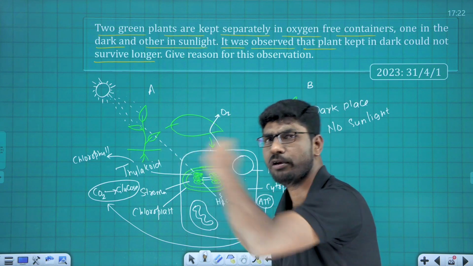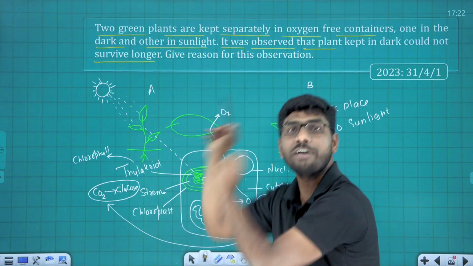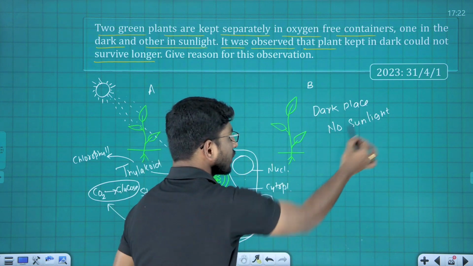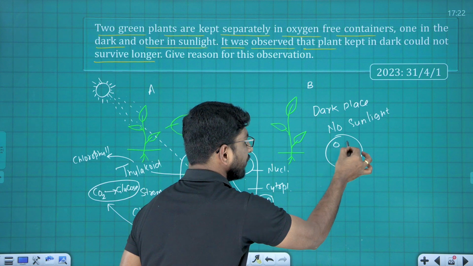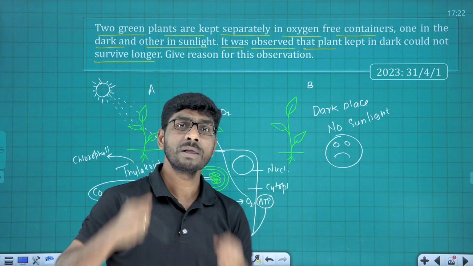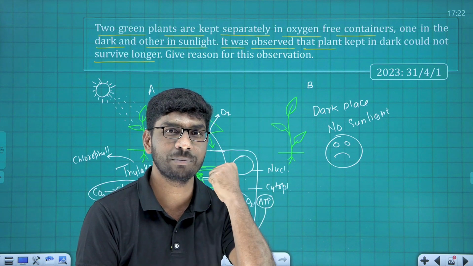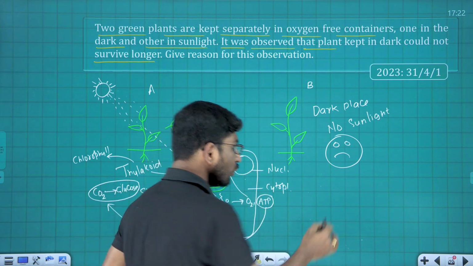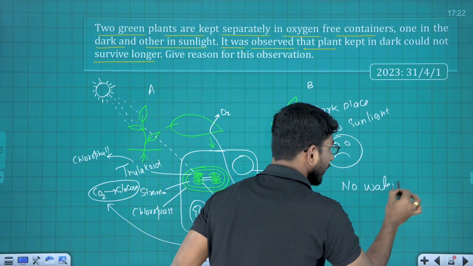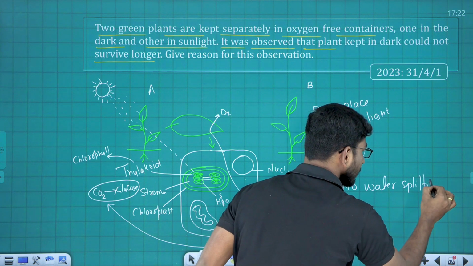Students, please look carefully here. If you are not giving sunlight to the plant, look at this plant, no sunlight. This plant is very, tell me, dull. Very sad. Why? There is no sunlight. If there is no sunlight, water splitting does not take place.